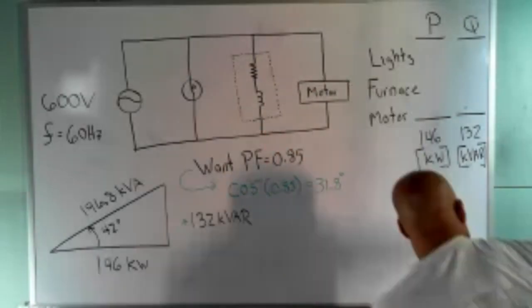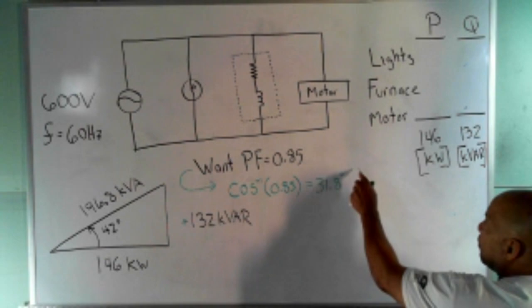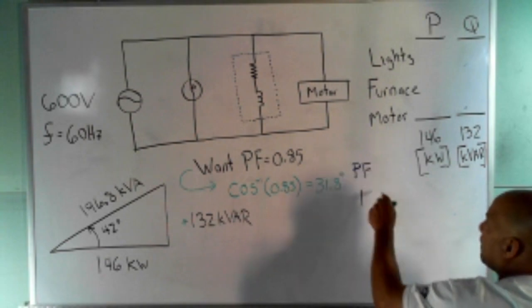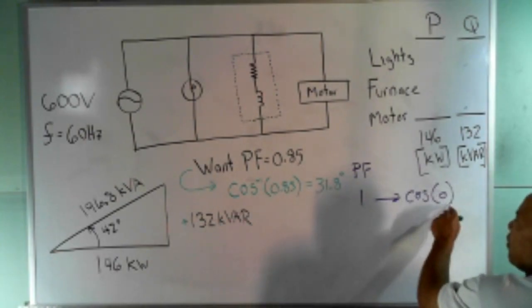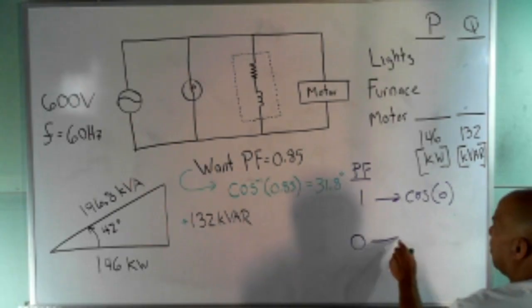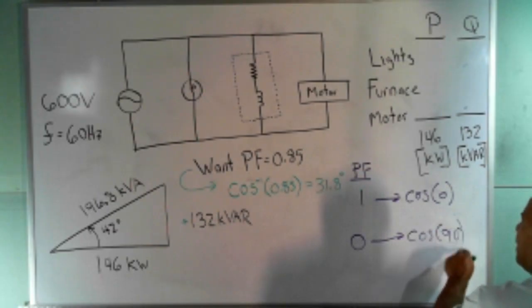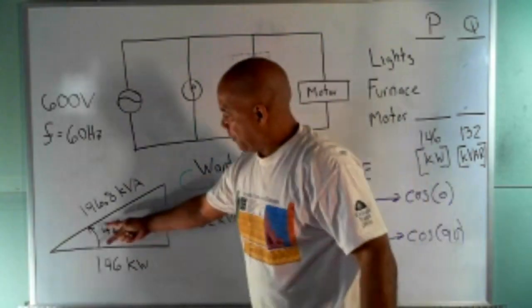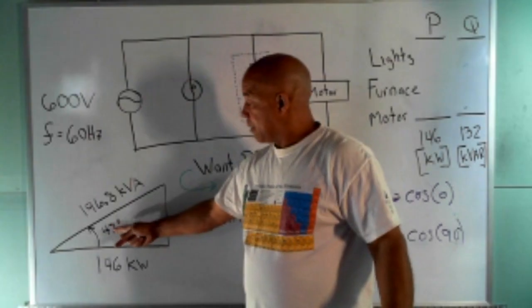It's kind of counterintuitive. So what I'm saying is, if you remember, you get a power factor of 1 when the angle here is 0 degrees. You get a power factor of 0 when the angle between the voltage and the current is 90 degrees. So they're referring to the angle between the voltage and the current, or that power factor.